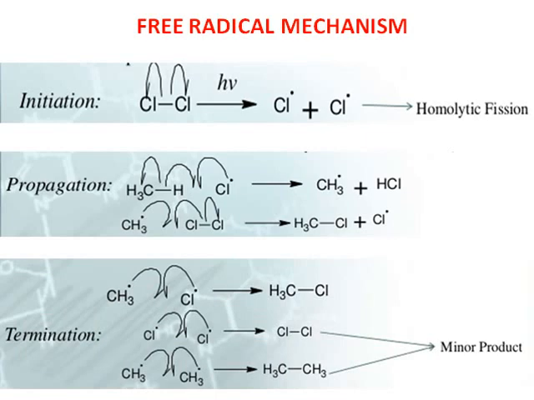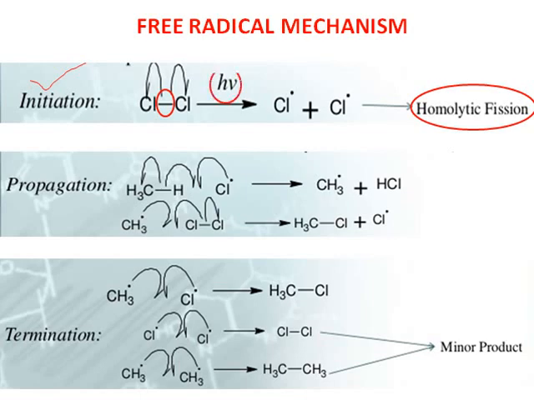At the initiation step, we have taken the chlorine molecule, which is very photosensitive to light. In the presence of UV light, sunlight or heat, the chlorine bond will undergo homolytic bond cleavage. Homolytic bond cleavage means the bond between the two atoms is cleaved, but the electron pair is equally divided between the two atoms.